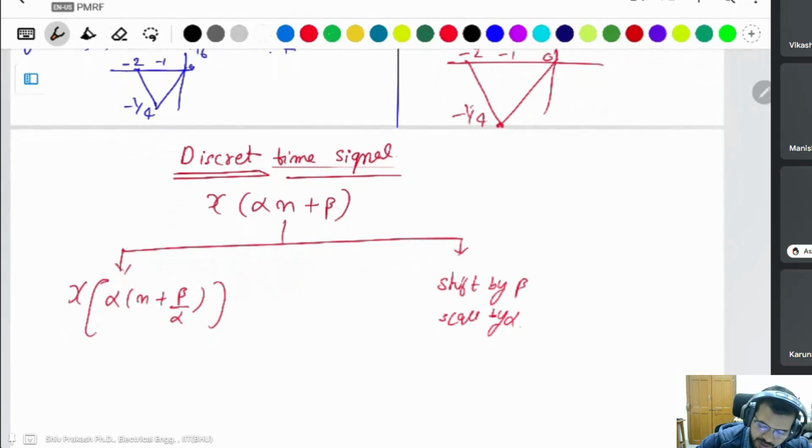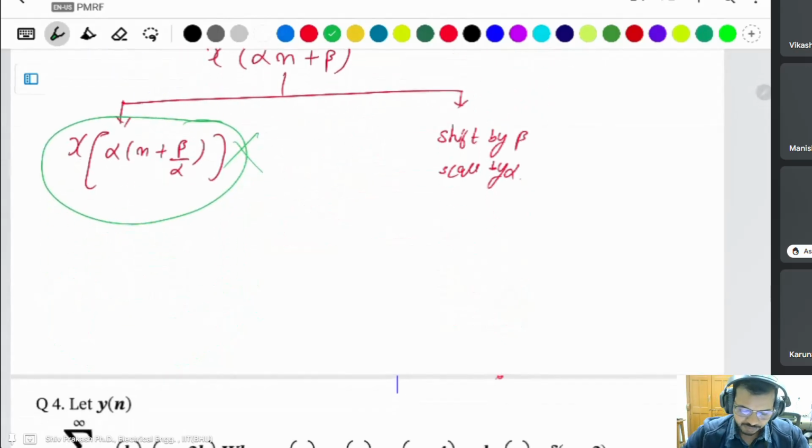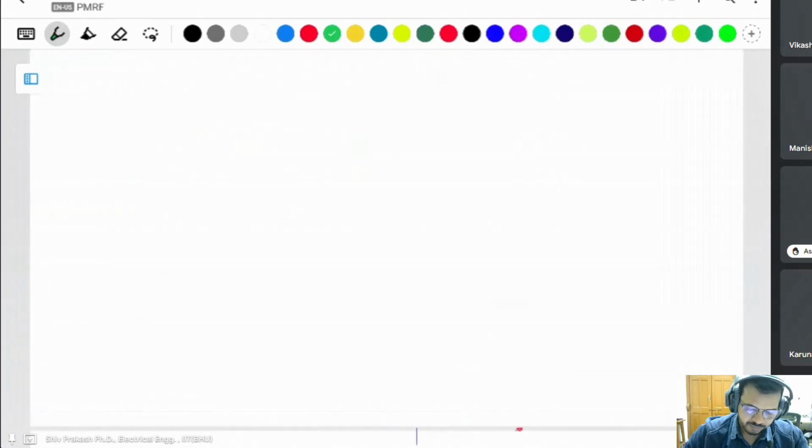This is not applicable in discrete. You can't do this first and then the shifting, because some signal values will be discarded. If you apply this one, then simply first shift the signal, then after that scale the signal.